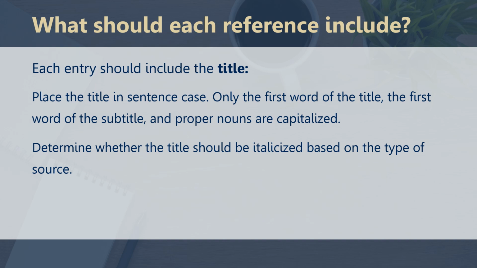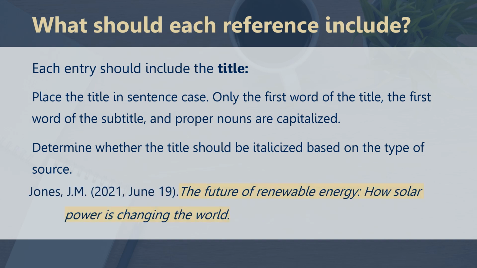Books and website titles are italicized, whereas magazine and journal articles are not. The example here is a website title, so it will be italicized. Make sure to place a period at the end of the title.